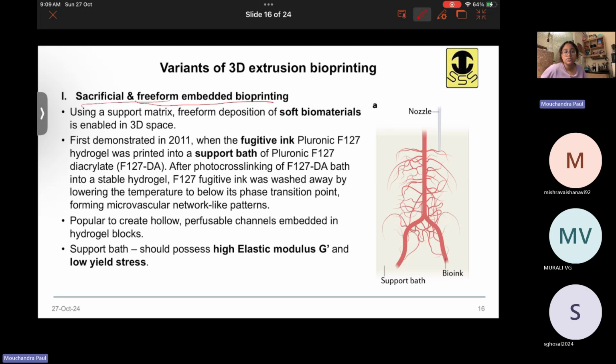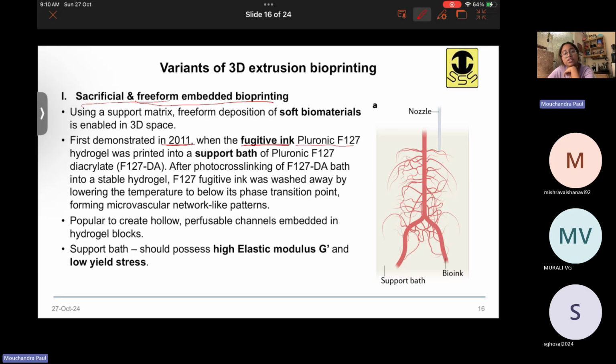Okay, so this method was first demonstrated in 2011, where a scientist used a fugitive ink. Okay, note the term fugitive ink, Pluronic F127. So the beauty of this material is that if you take, let's say, 1% Pluronic, mix in water, okay, and keep at room temperature, then it will gel.